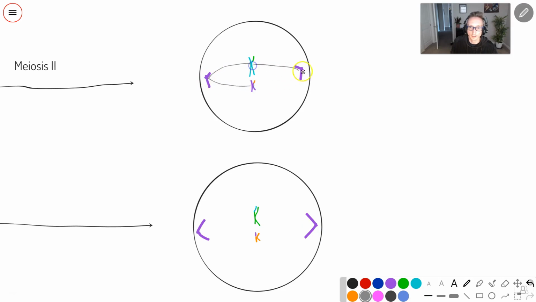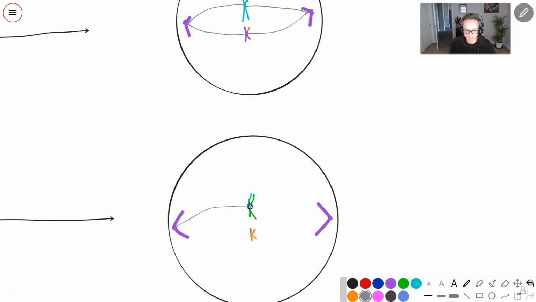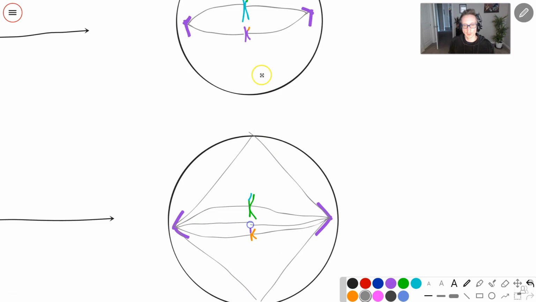That one looks a little goofy. I need to focus. There we go, make him a little prettier. Beautiful. And we have our overlappings in the middle.